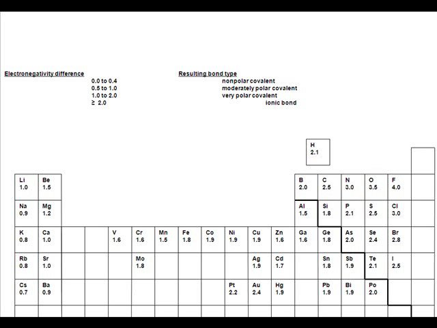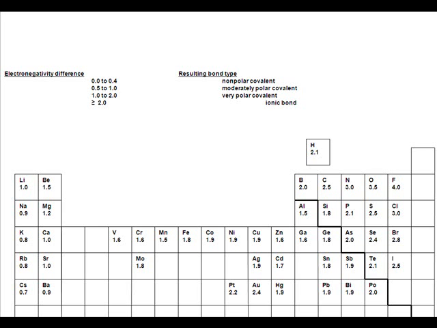And what happens is when, for example, fluorine is bonded to lithium, we compare the difference in electronegativity. If the difference between the two atoms, which you can see from the chart above, is greater than 2, then the bond that forms is going to be an ionic bond.